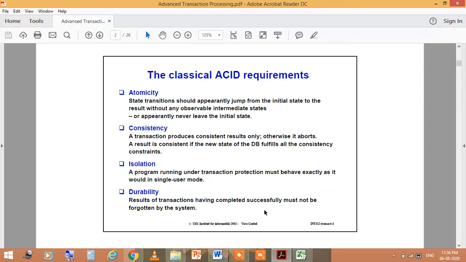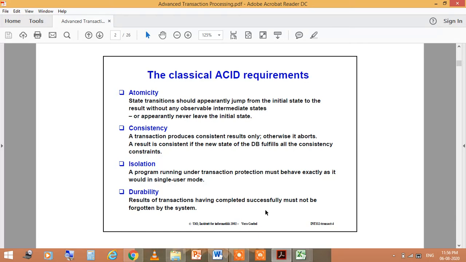And if we are talking about atomicity, what is it? It is state transitions which should apparently jump from the initial state to the result without any observable intermediate states, or you can say apparently never leave the initial state, because if you leave the initial state, then you can say it is the exit of the process.